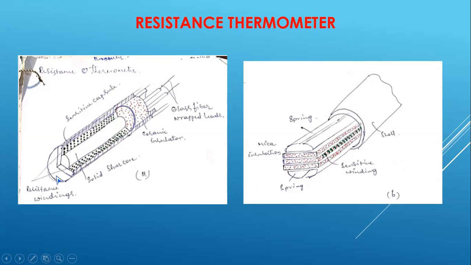At the end there will be a solid silver flange, or sometimes it is manufactured from copper alloy or stainless steel alloy. You have a solid silver or stainless steel flange at the end, which is directly connected to the solid silver core, which is covered by the sensitive copper winding, and the entire copper winding is covered by a ceramic insulator.